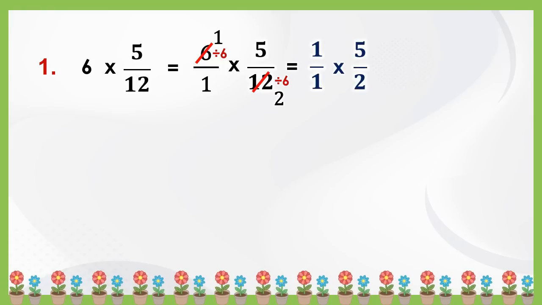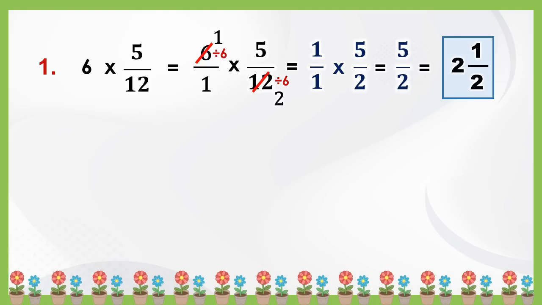Then multiply. 1 times 5 equals 5. 1 times 2 equals 2. 5 over 2 is an improper fraction. Change to a mixed number. 5 divided by 2 equals 2, which is the whole number. And the numerator is the remainder, 1. Copy the denominator 2. The answer is 2 and 1/2.